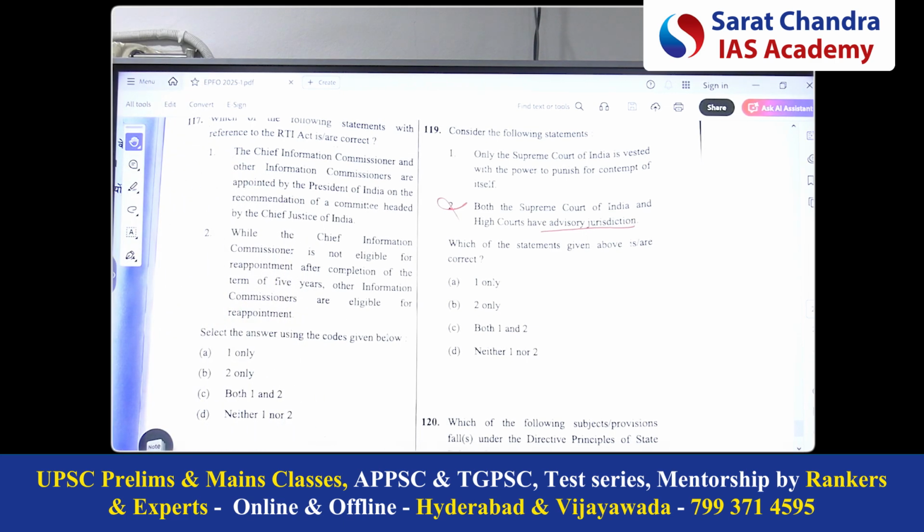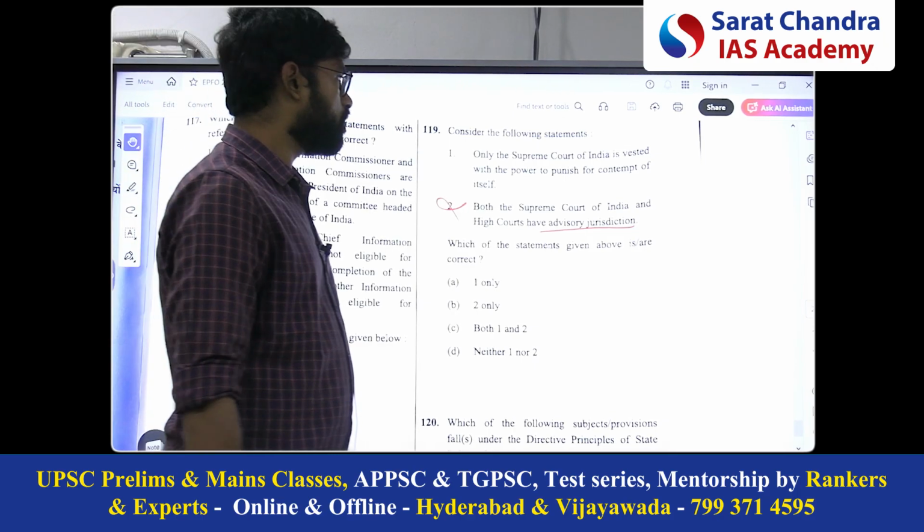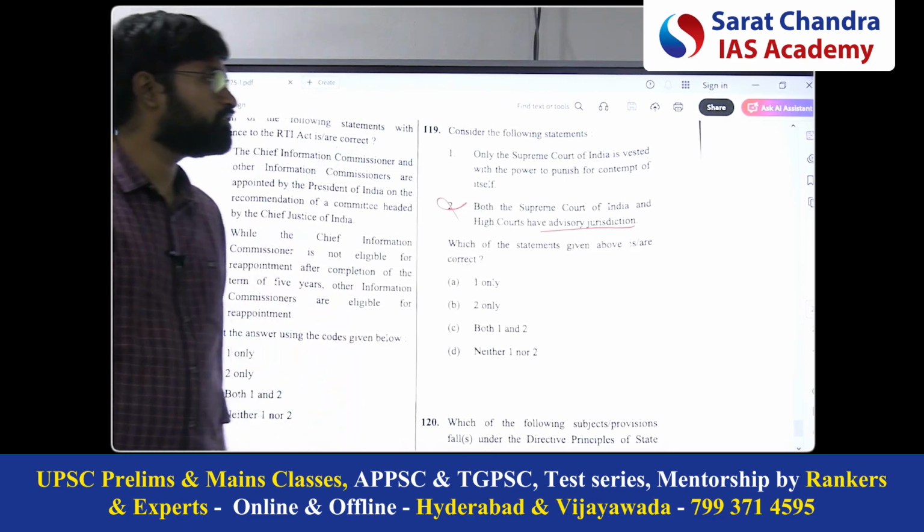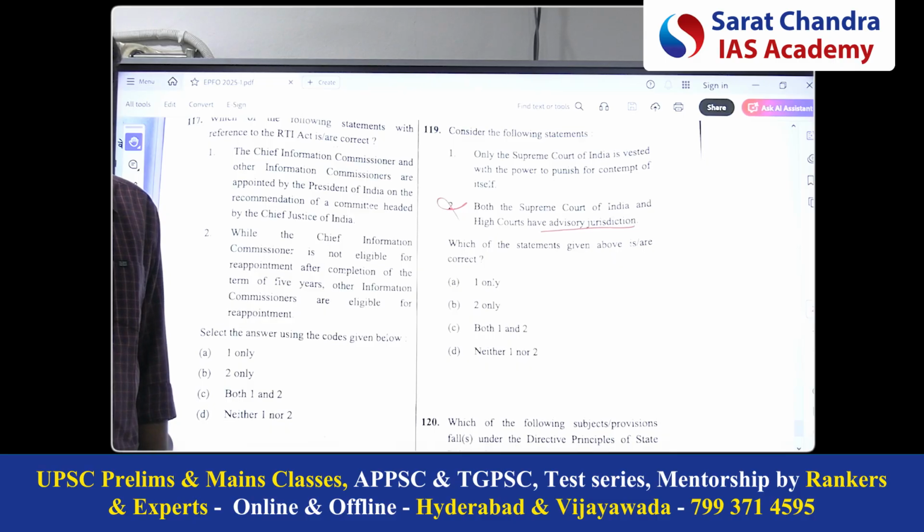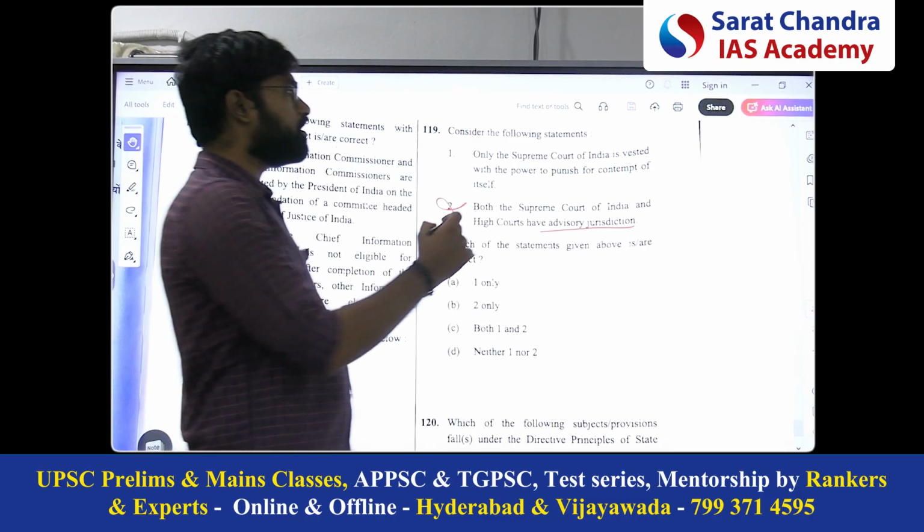Now what about the first statement? Only Supreme Court of India is vested with the power to punish for contempt of itself. See, here there are two contexts.